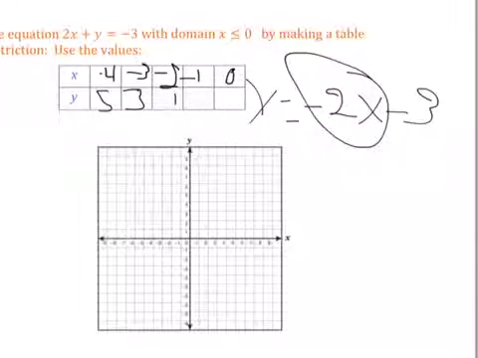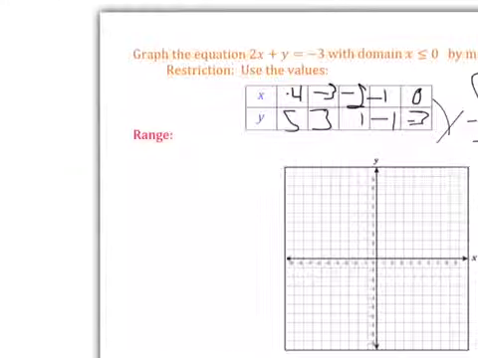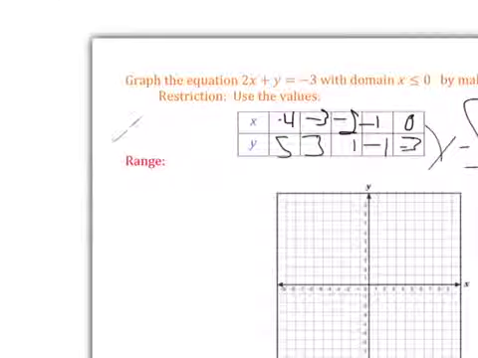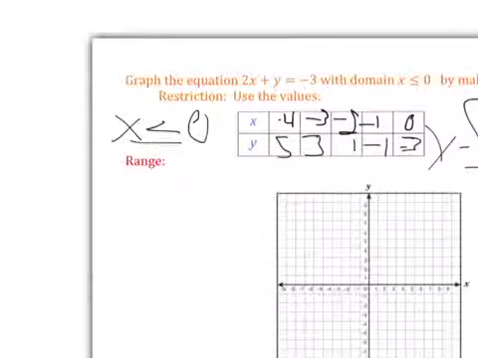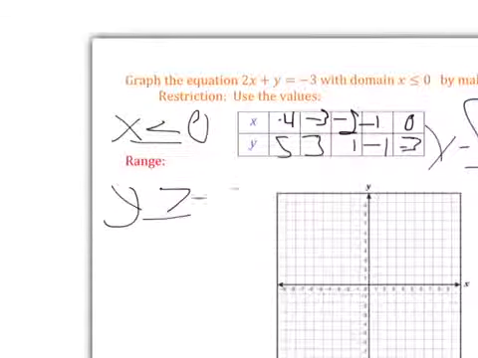And then 2 minus 3 equals negative 1. And then obviously 0 times negative 2 is 0, and then minus 3 is negative 3. Our domain is x is less than or equal to 0, but our range is y is greater than or equal to negative 3.